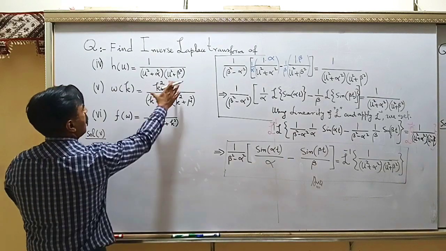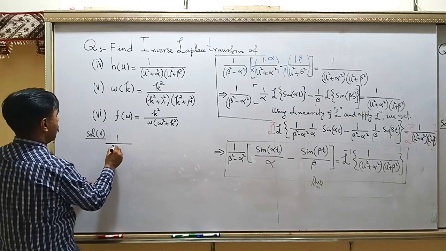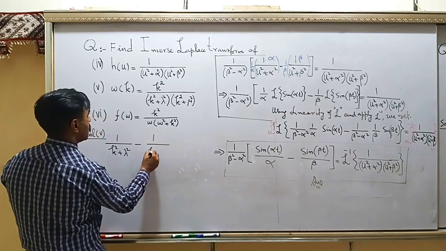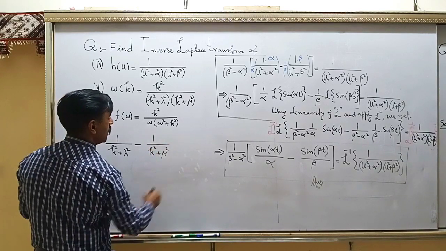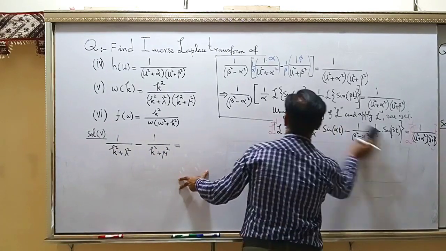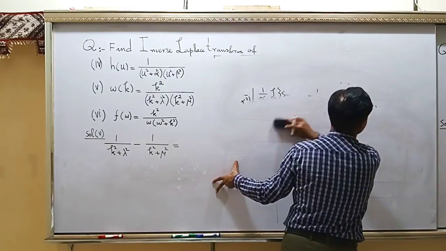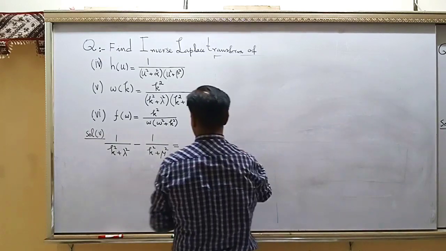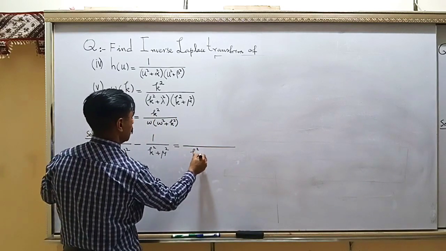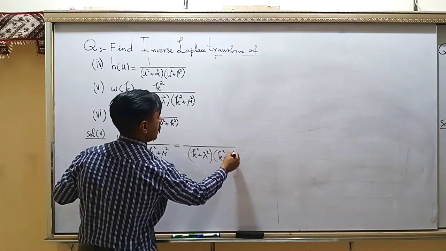Okay, so write this in the form of two fractions, 1 over k square plus lambda square and minus 1 over k square plus mu square, and then take the LCM. And what it gives you is k square plus lambda square into k square plus mu square.